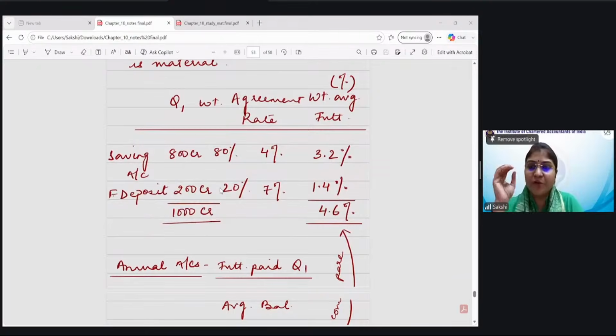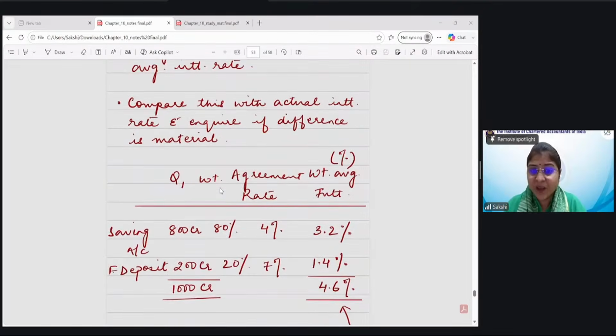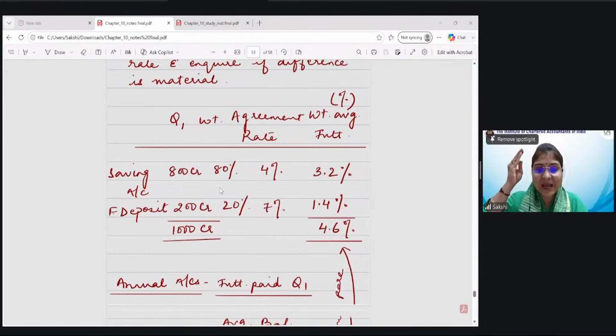Here, for one quarter, say savings account you have 800 crores, and FD accounts 200 crores. You assign weights like 80% and 20%. The agreement rate with the bank is that for savings they will give you 4%, and for fixed deposits 7%.